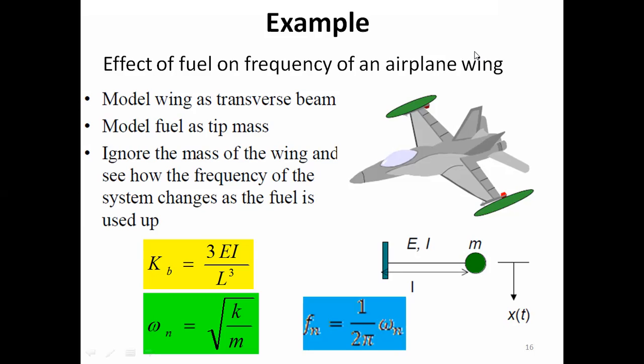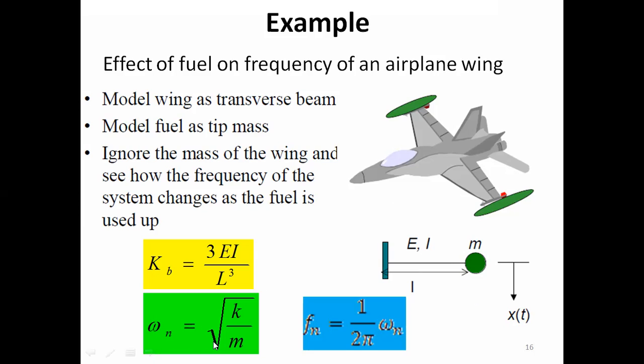We have one spring and one mass. So it would have one natural frequency. When we model this as a 1 degree of freedom system, we would get the first frequency of the airplane wing, which would be the fundamental frequency.